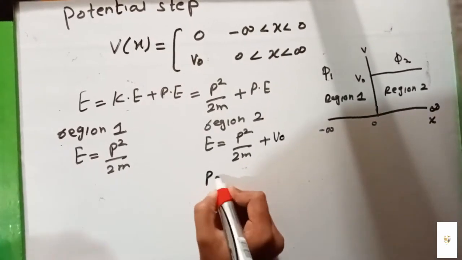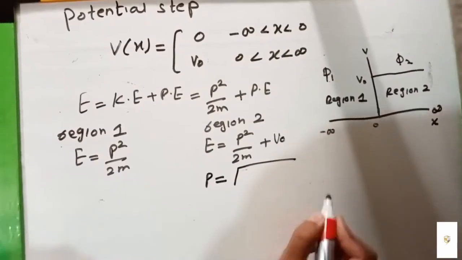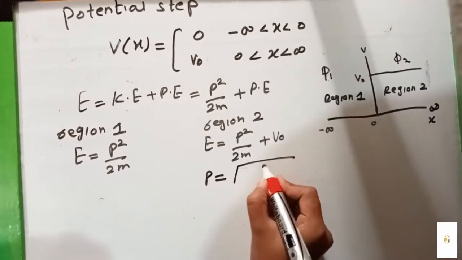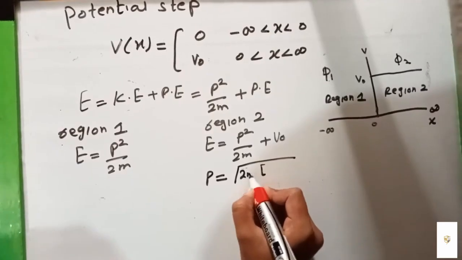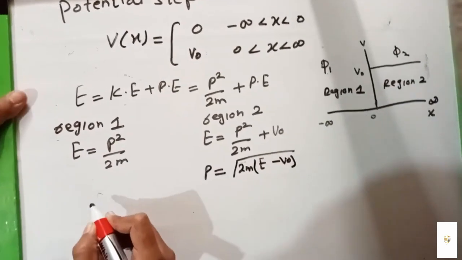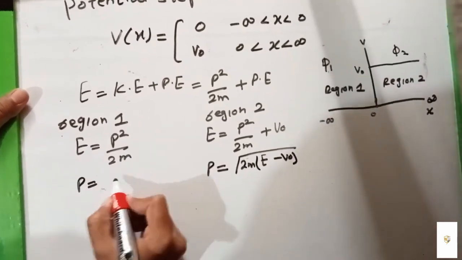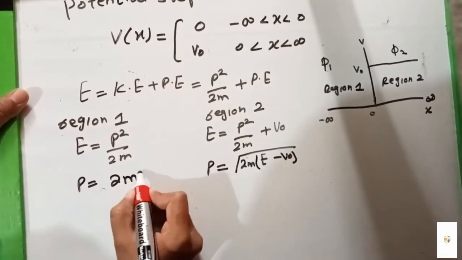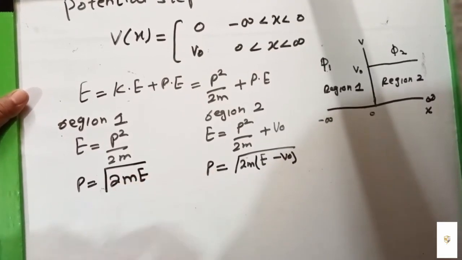So momentum in region 2 is equal to square root of 2m (E minus V0), and for region 1, momentum is equal to square root of 2mE.